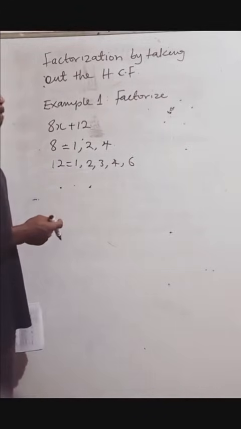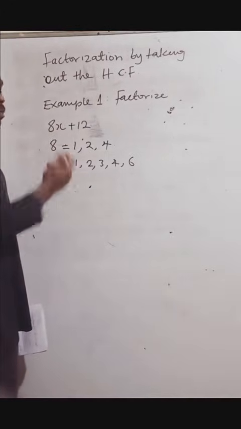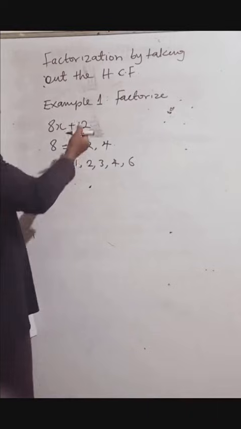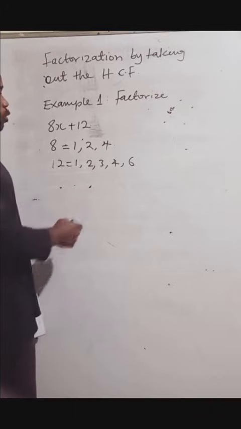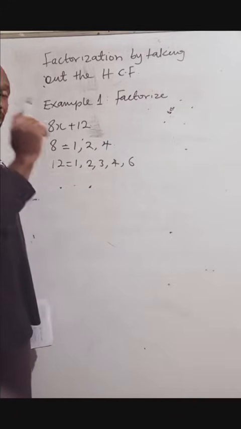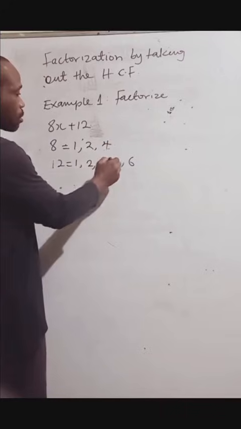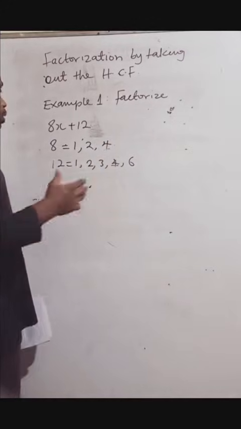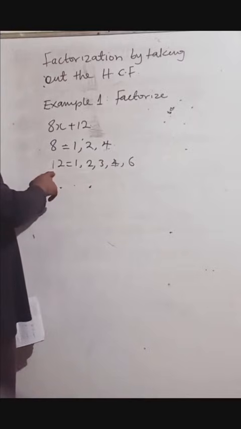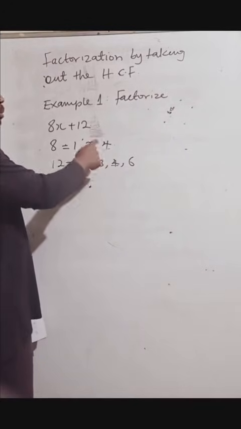Okay? So remember, according to the subtopic, we are factorizing by taking out the highest common factor like we did in the previous example. So if you compare the factors of 8 and the factors of 12, you will discover that the highest common factor, that is the factor that is common to both numbers, is 4. 4 is the number that is common to 8 and 12, and also it is the highest common factor, right?